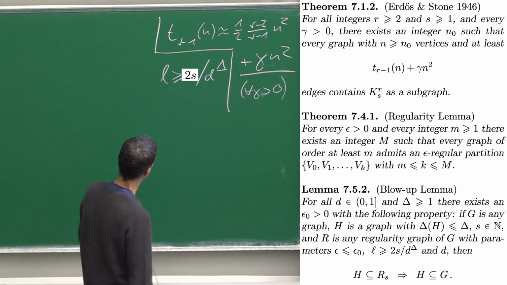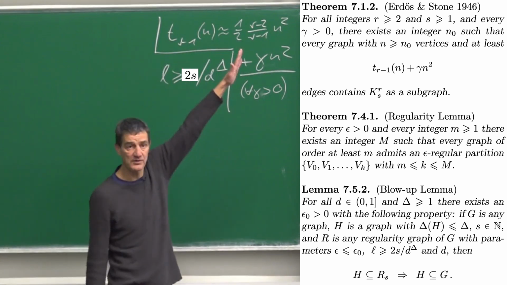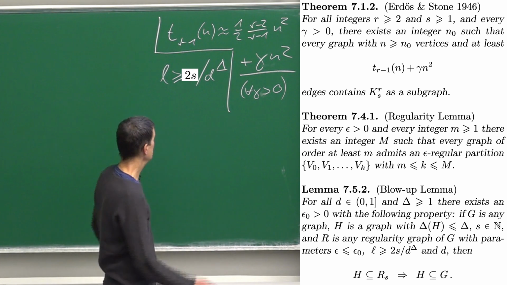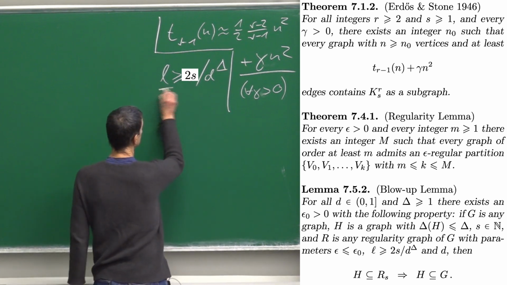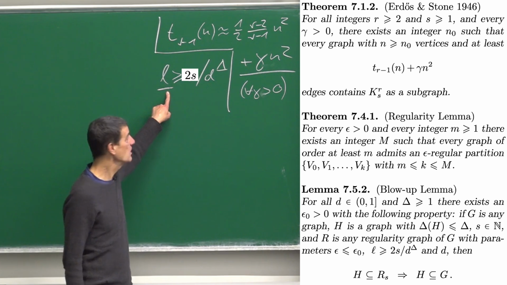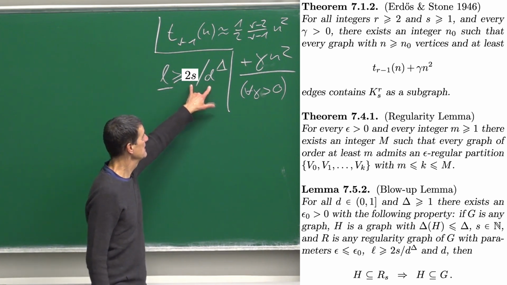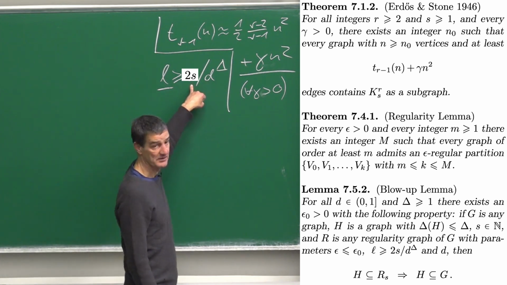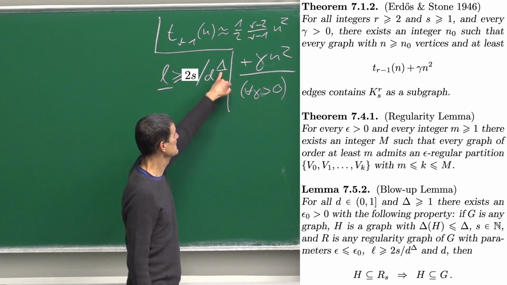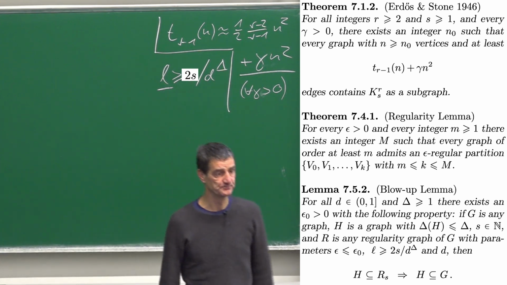So the blow-up lemma will output epsilon naught, and it will output the L it requires for everything to work as a function of s that we can input, that we can still choose, and the d and the delta that we have already chosen.